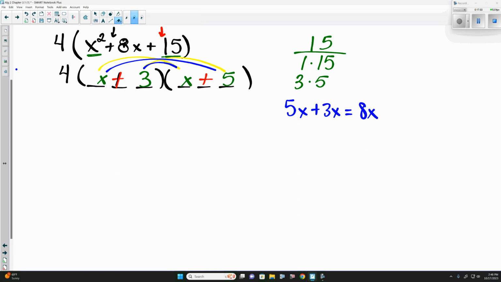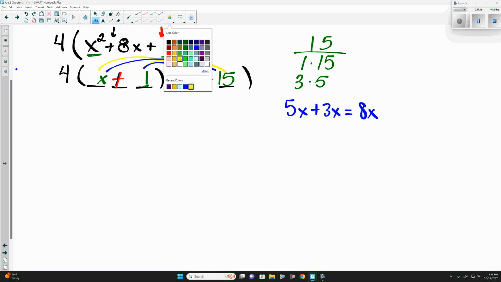Now, I'm going to do this just for y'all so that y'all can see this. Because if we chose 1 and 15 here, well, looking back at this, because the numbers did change, well, the first one's still X times X, yes? And that's still X squared.